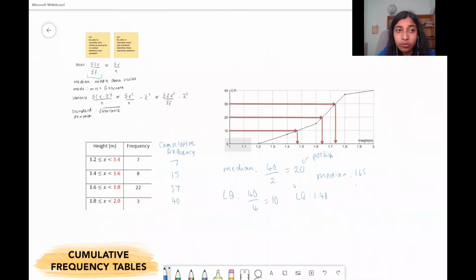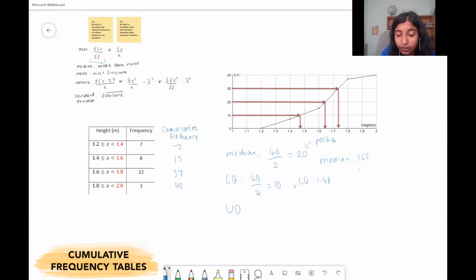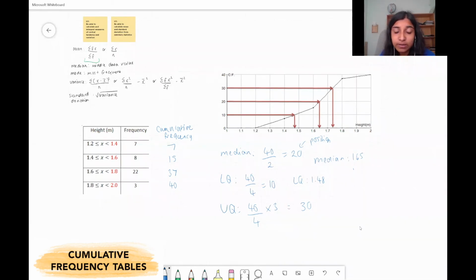And then for your upper quartile, to work out the position, that would just be 40 over 4 times 3. So that would just be 30. So your upper quartile position is just the position that's 3/4 of the way through your frequency. Then you see where your 30 hits the graph, and the height of that.